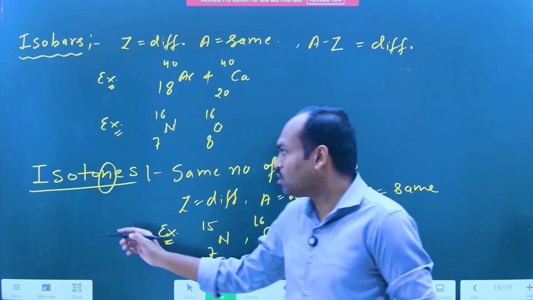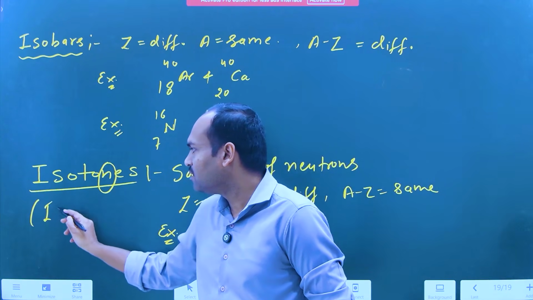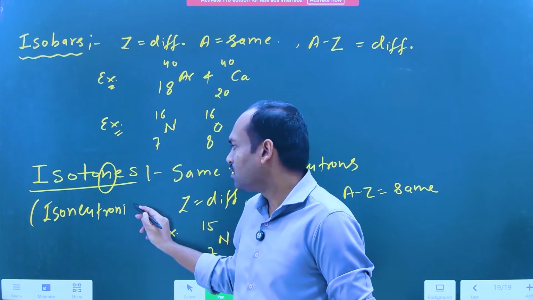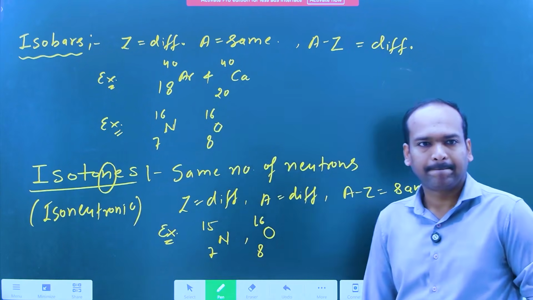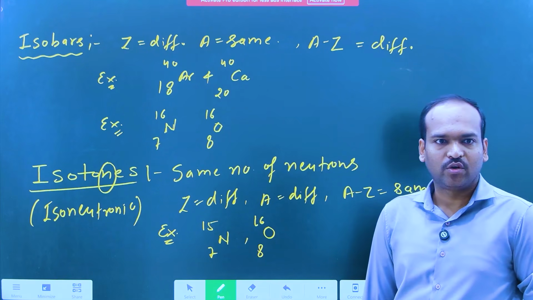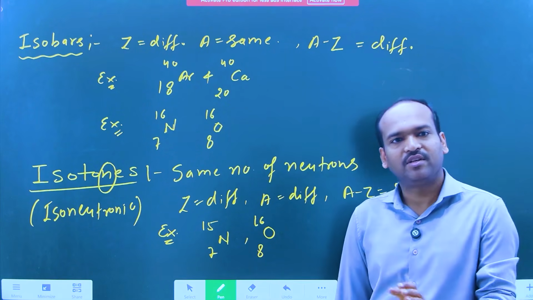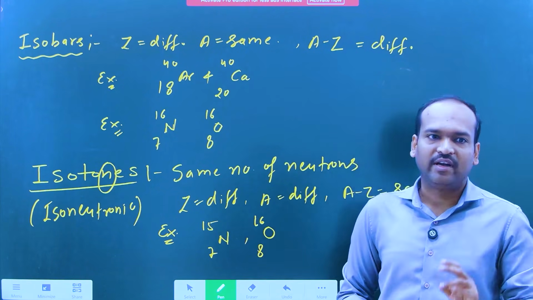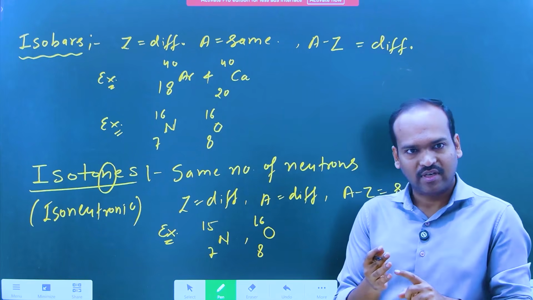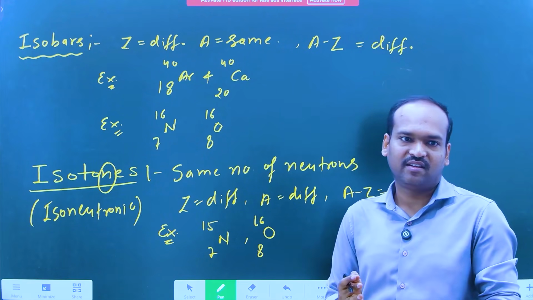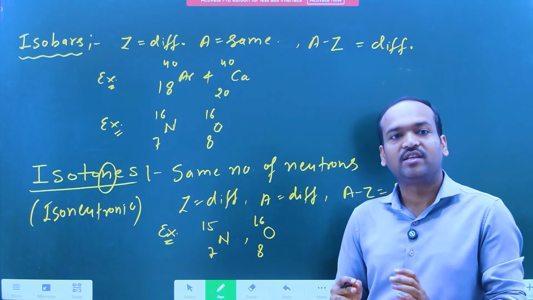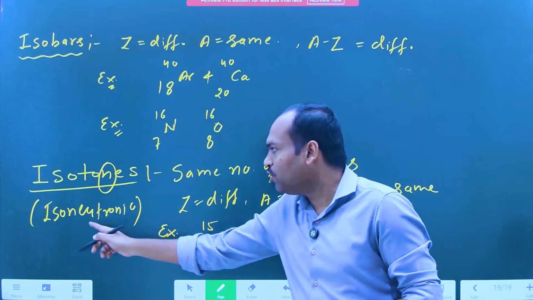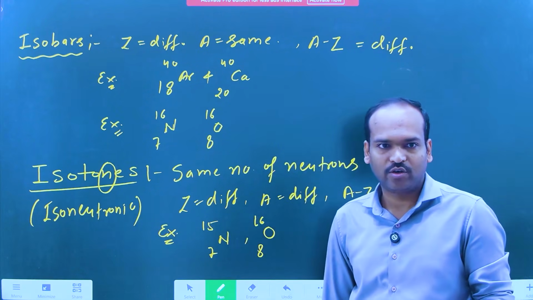Can I say isotones are also isoneutronic? Yes. Nitrogen mass is 14, but its isotopes 15 and 16 also exist. Nitrogen exists in three isotopes, like carbon exists in two isotopes. So we can say isoneutronic also.